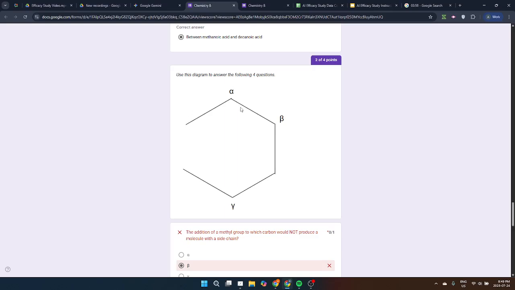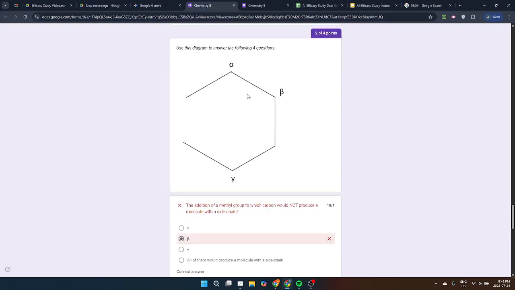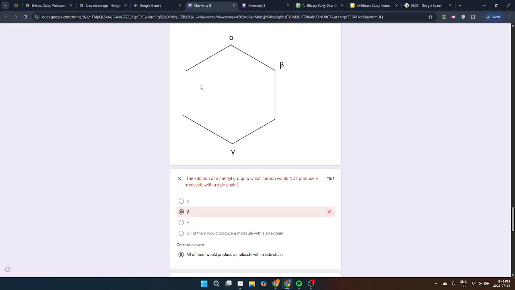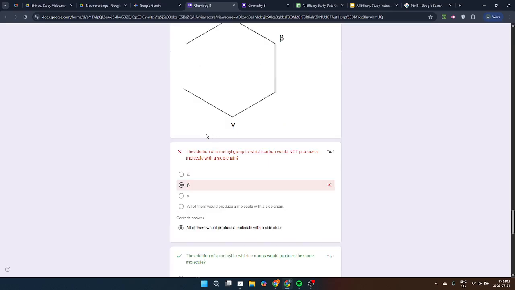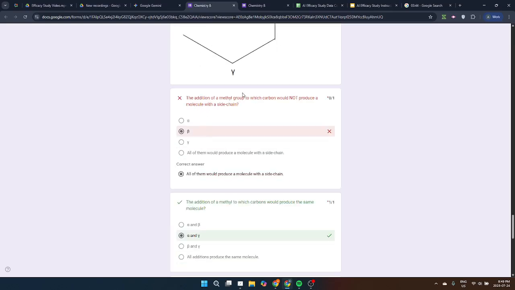And then this next one here. We're given this hexane molecule, 1, 2, 3, 4, 5, 6. It asks which carbon, when a methyl group is added, would not produce a molecule with a side chain. This was a misunderstanding I had with this question.